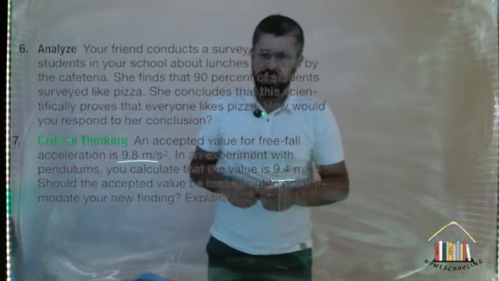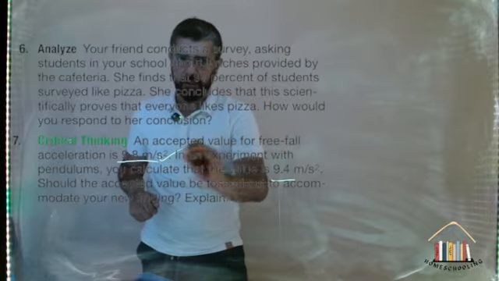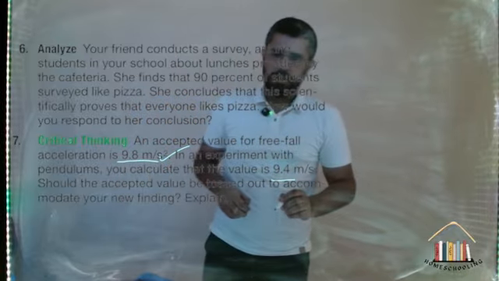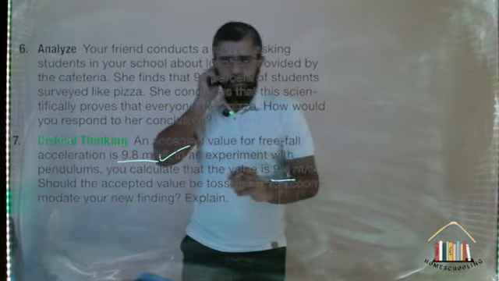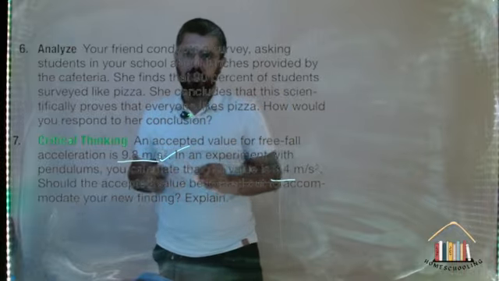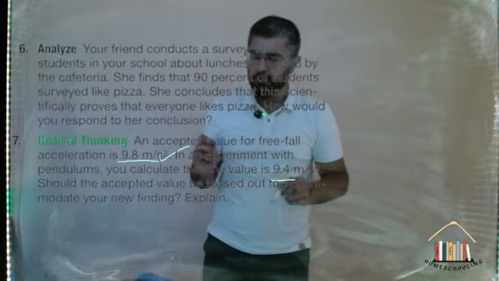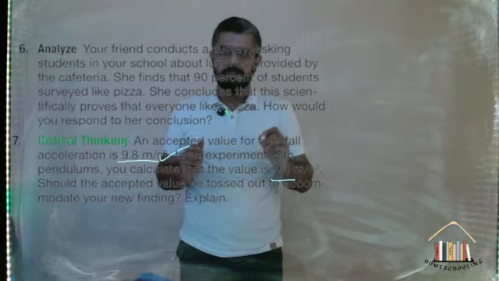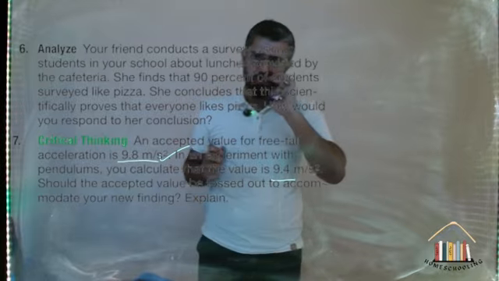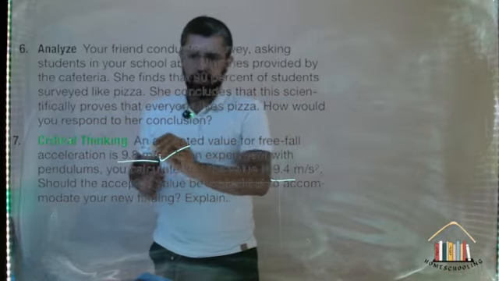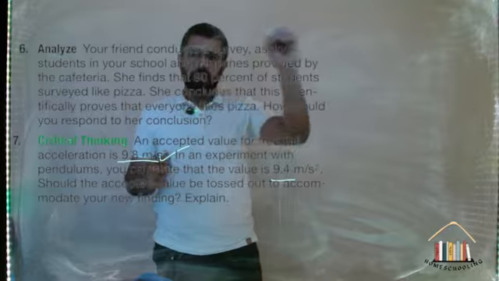Of course, we have to keep the value 9.8. Why? Because scientists used the scientific method to calculate the 9.8, and most importantly, it's peer reviewed. Remember peer reviewing? If someone finds a value, they share it with the community to approve it.